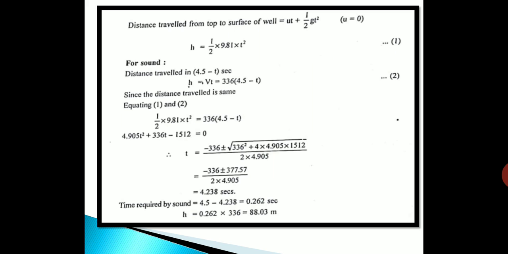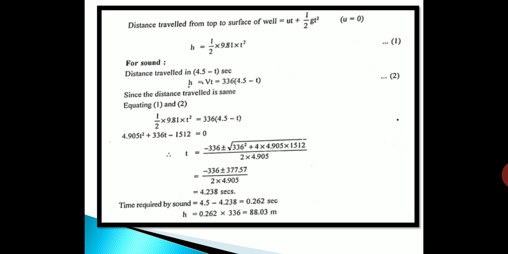Therefore, we have two equations for h. One equation is the stone falling from top to the water surface. Second equation is for the sound which is generated on the water surface to reach the top of the well. In both cases, as the distance travelled is the same, we can equate 1 and 2.